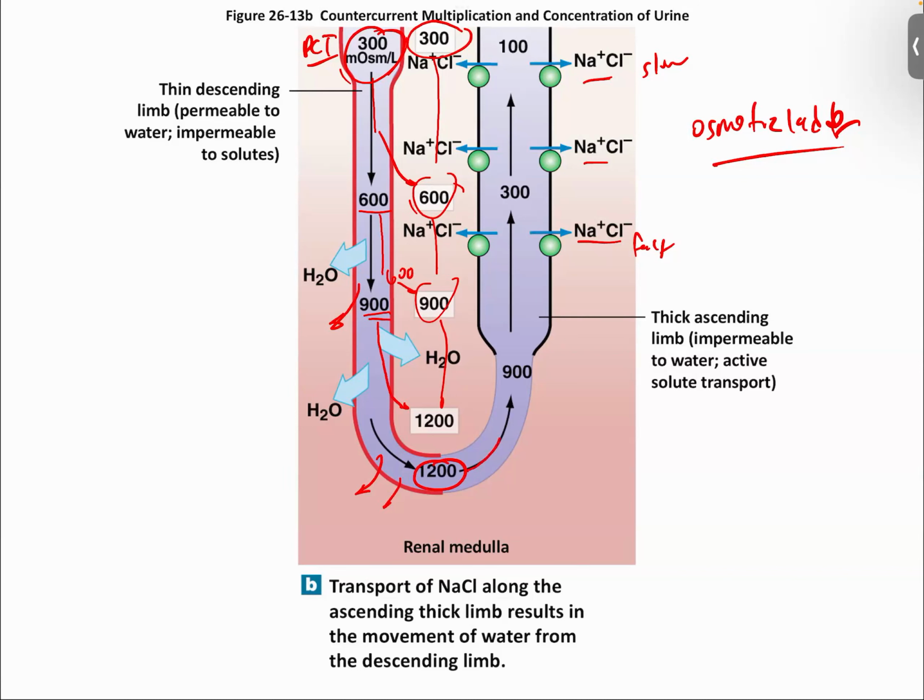Now it'll start going up, and a lot of times students will ask this question: wait a minute, you go from 1200 to 900, so did you bring in more water? No, because remember the ascending limb is impermeable to water. So it's not water that did this. What happens here is a change in the nature of the solutes. We'll see that here in just a second.